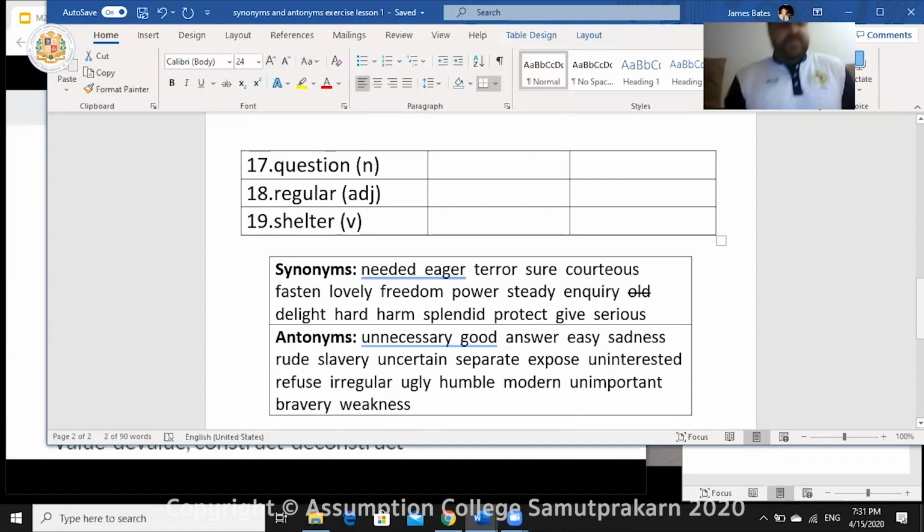Synonyms of beautiful. She is beautiful. How about a daytime? Is a day beautiful? What a beautiful day. Needed, eager, terror, sure, courteous, fasten, lovely, freedom, power, steady, inquiry, delight, hard, harm, splendid, protect, give, serious.